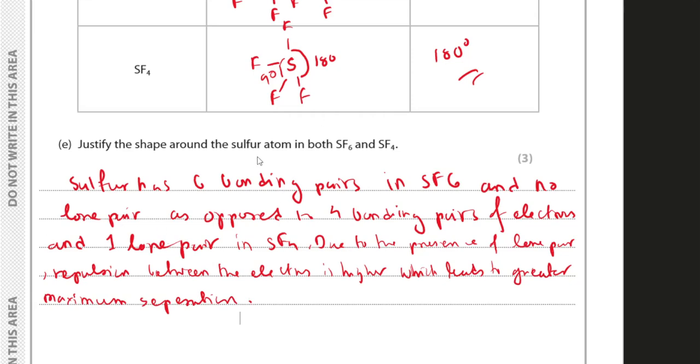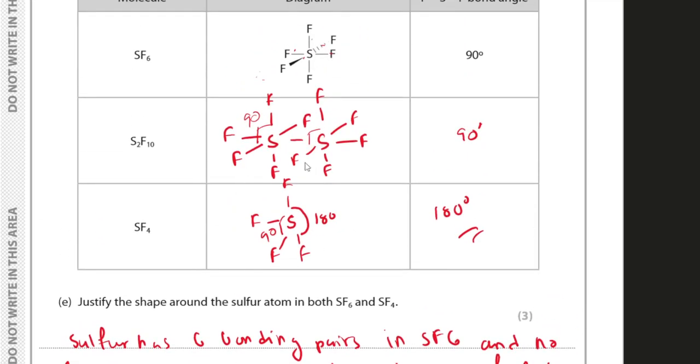So due to the greater maximum separation, the shape of SF6 and SF4 is different.